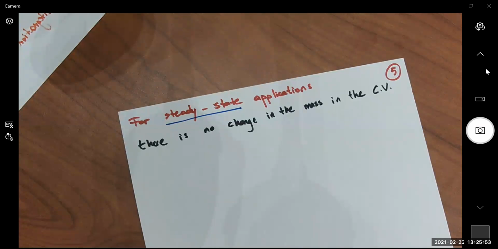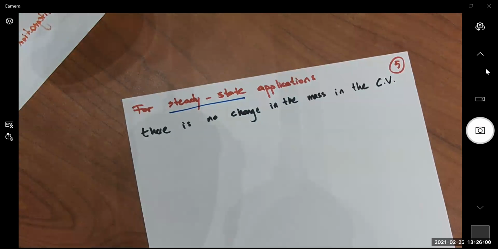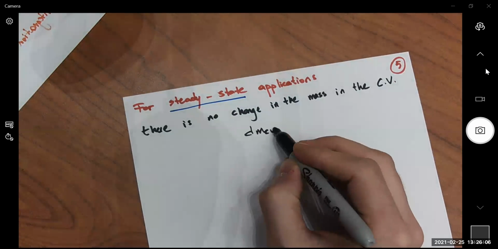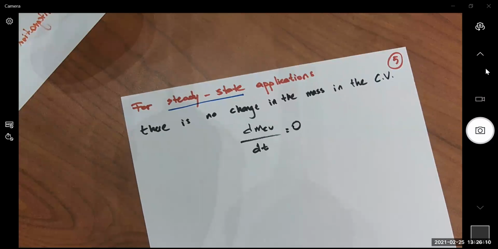Basically, the amount of accumulation is zero, or dm control volume over dt equals 0, in other words.